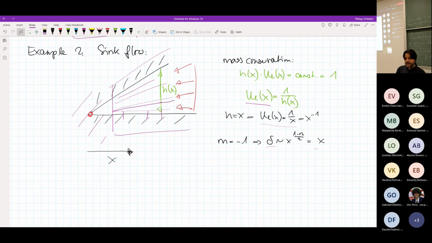So in this case, the sink flow is actually the only flow where you have something that we could call complete similarity, because everything just scales properly. So this would be a flow that is in complete equilibrium, because there's nothing that scales in an anomalous way.